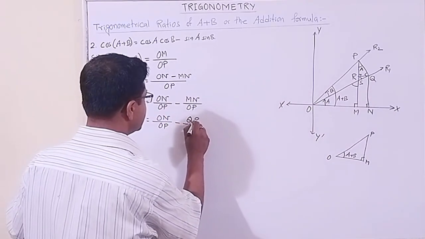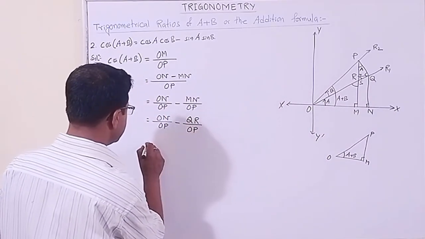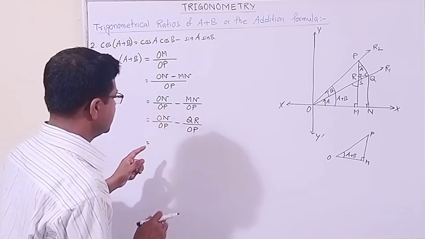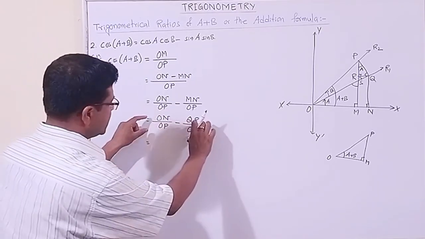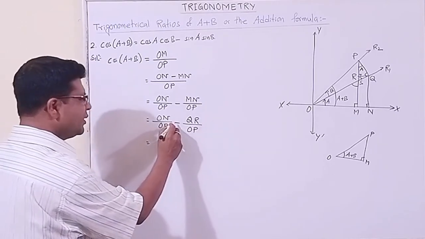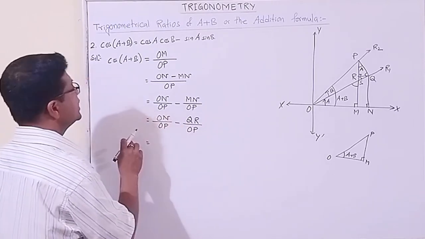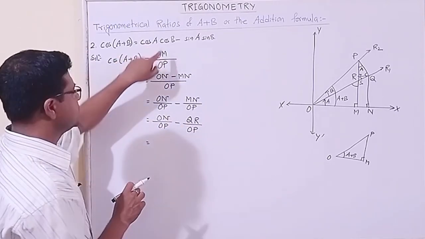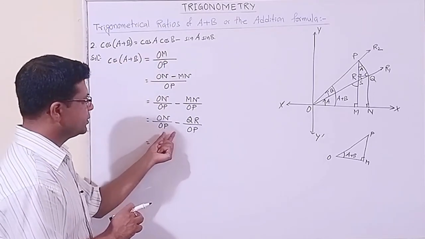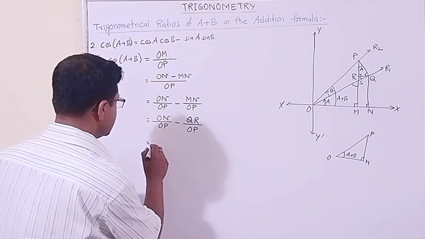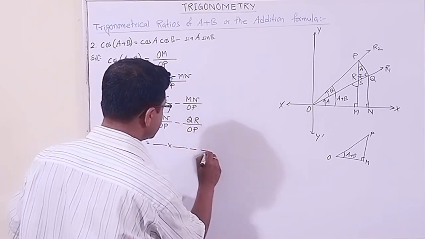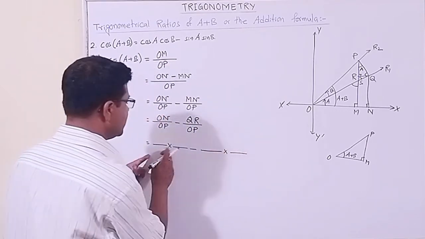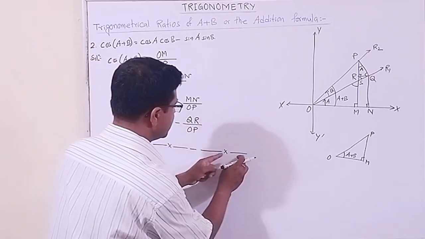Let us write QR by OP. Now in the last question also we got this type of statement, but there it was plus, and here it is minus. Now we have to get cosAcosB minus sinAsinB. For cosA we have to get two terms, minus, here also two ratios.